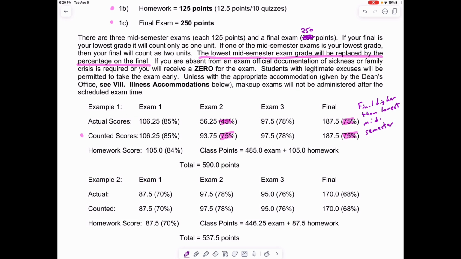So because of that, that's why we have that change up with that 75%.